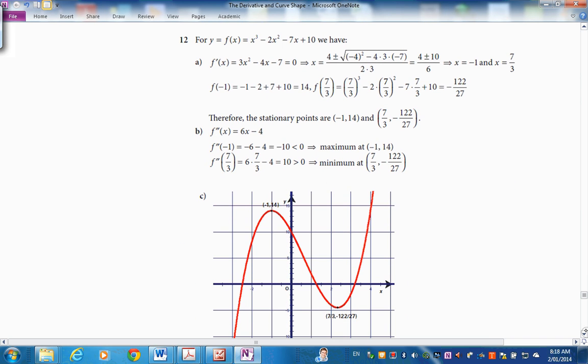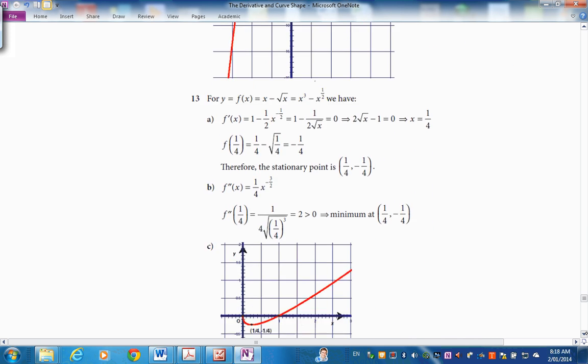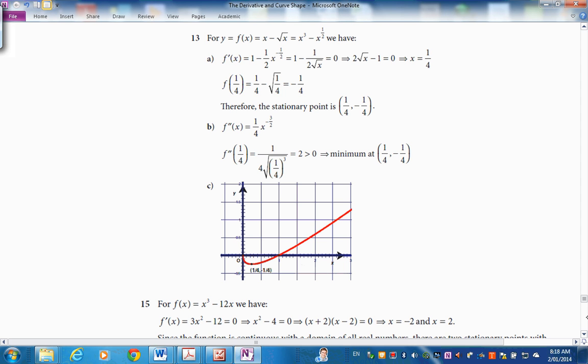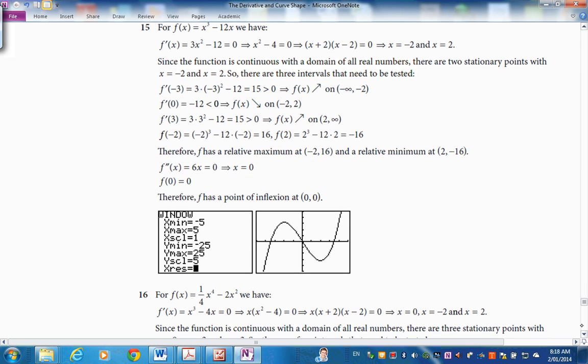And 12. Thirteen. How are you going? Left out 14, it's a motion problem.